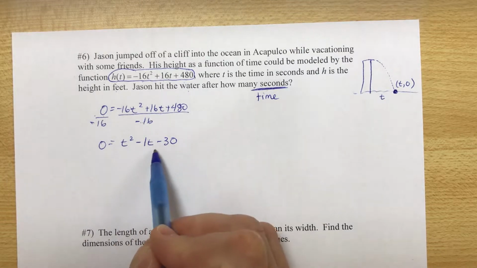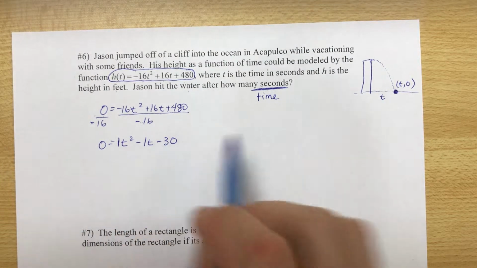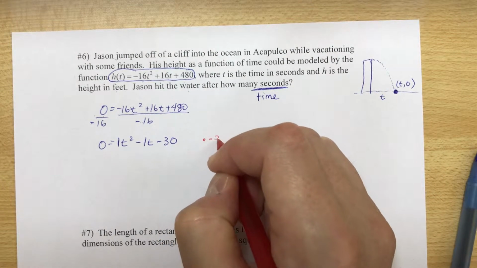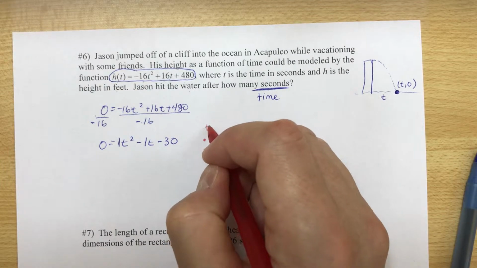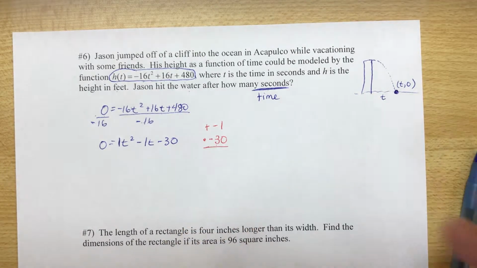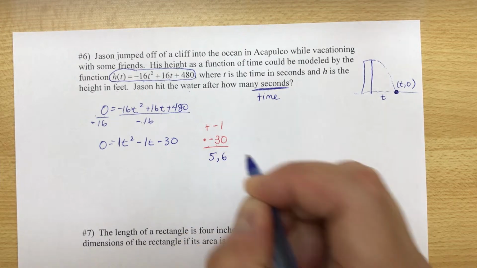Okay, so here we go. We've got a trinomial. The lead coefficient is 1. 1 times negative 30 is negative 30. So can you think of two numbers that give you a product of negative 30 and that add up to the middle number, which is negative 1? The pair that jumps to mind is 5 and 6.